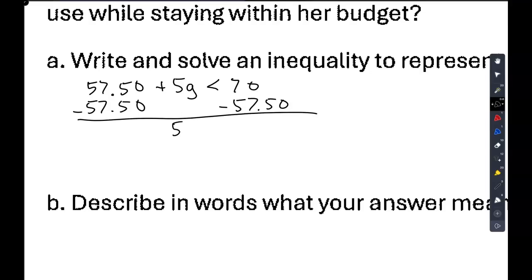Bring down the 5G, less than 12.5. Divide by 5. And G is less than 2.5 gigabytes. So as long as she stays within 2.5 gigabytes, she should be good.